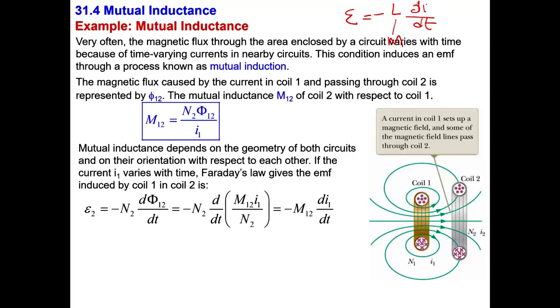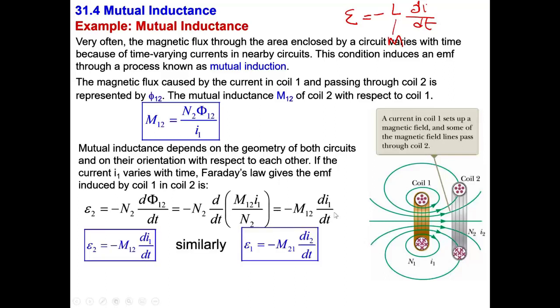We can also do the same thing if we reverse the roles of the coils. Instead of passing a current through coil 1, we can pass a current through coil 2 and measure the EMF in coil 1, and we will find that it's equal to minus M21 times the derivative of the current in coil 2 with respect to time.